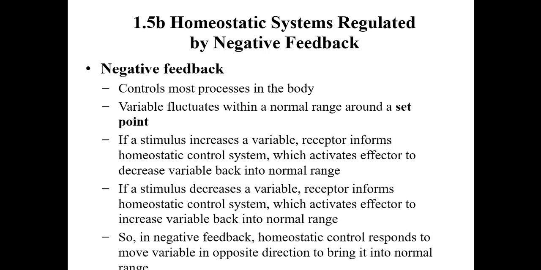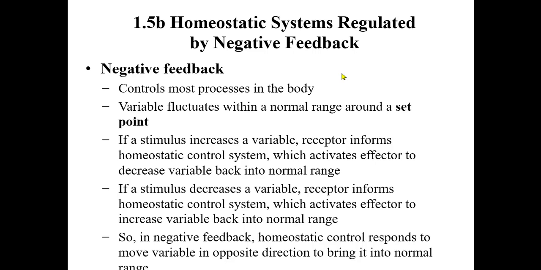Next slide. The first kind of feedback that we have is called negative feedback. Now, instead of me reading all of this, I'm going to give you an example. First of all, negative feedback happens to be most of the situations in the body. Negative feedback tries to undo the event over time.